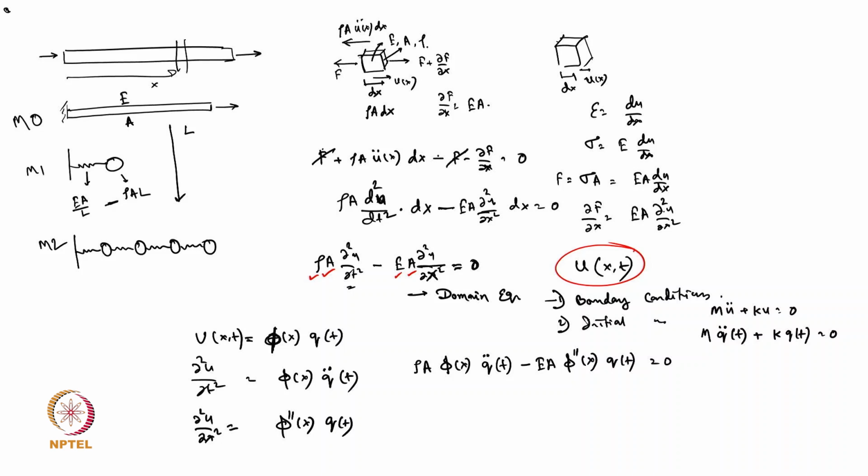Just the problem is that, yes, now m is not a constant value. M is a function of x, but that is a function of x, not a function of time. So we don't need to be worried, because we are now solving in terms of time, not in terms of space. So for now, we can relax with that point. Okay. And here is also a phi double dash of x. Okay. So now how do we solve that?